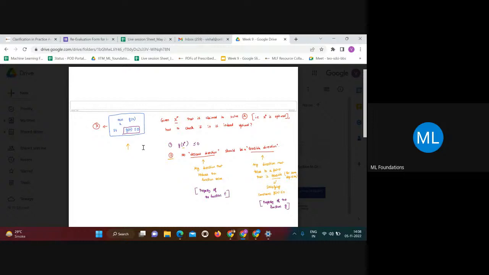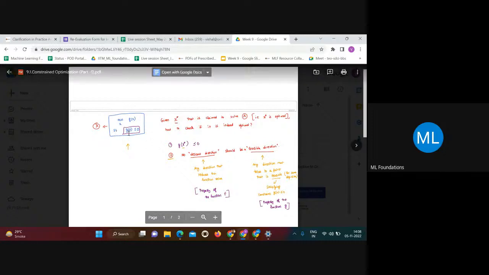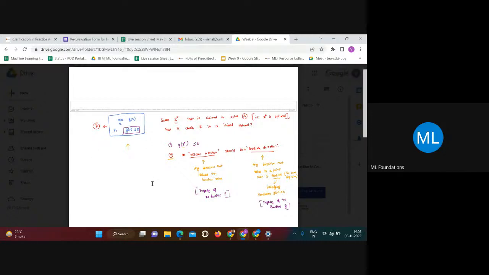Let us assume that we are claiming x star is the solution for this optimization problem. If x star is the optimum, then it should satisfy both the conditions. At x star, the function's value should be minimum, and it should also satisfy the given condition. That is, g(x star) should also be less than or equal to 0.